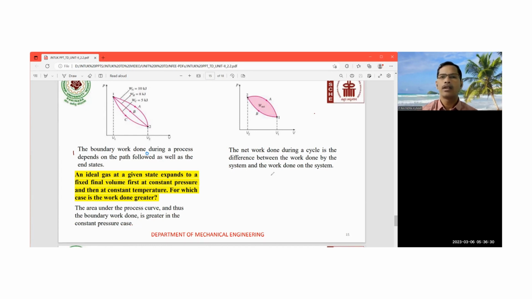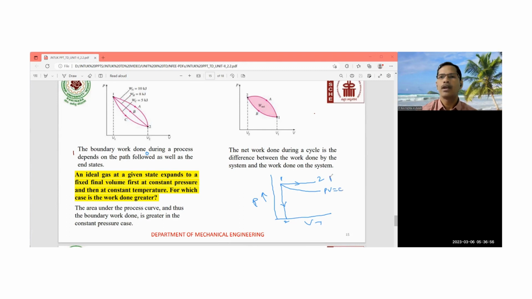So here this is the PV plane, and this is the constant pressure expansion 1 to 2, and this is the constant volume expansion, that is 1 to 2, right? And this is the isothermal process, that is PV is equal to constant.